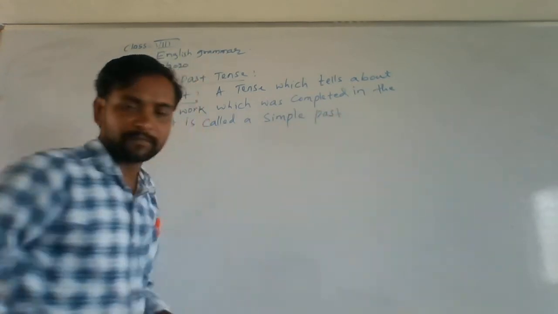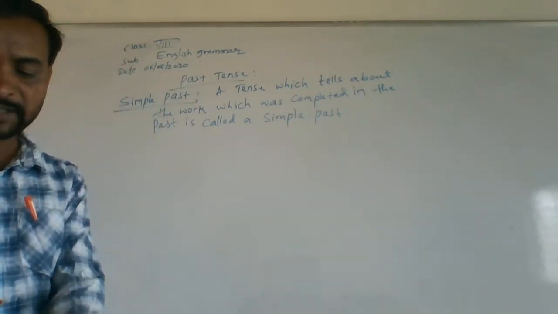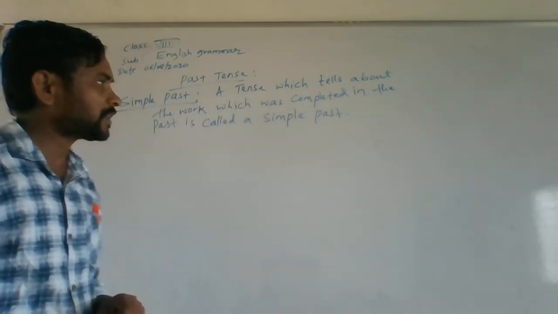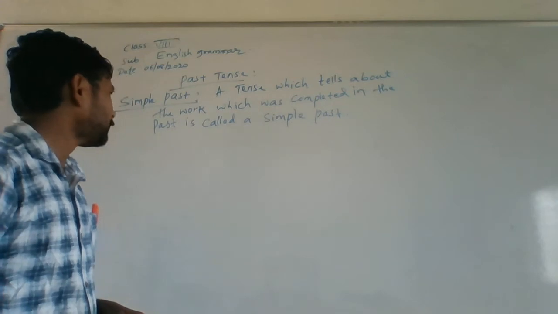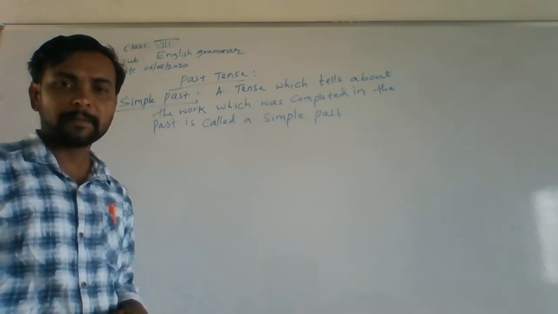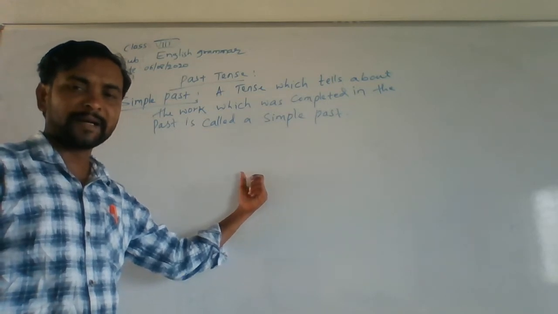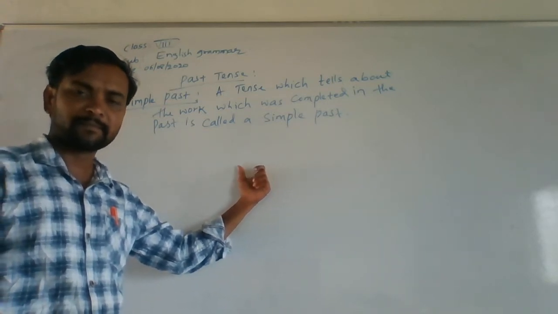That is the definition. A tense which tells about the work which was completed in the past is called a simple past. Is it visible? Are you seeing my handwriting?